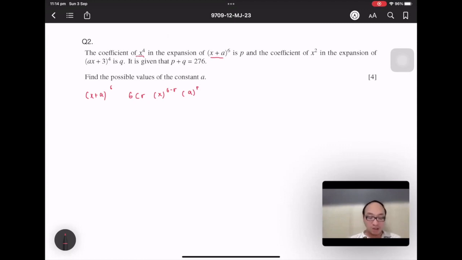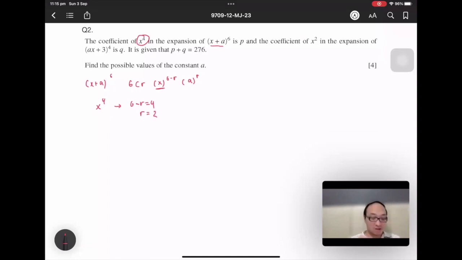So if we see from our general form, to find the coefficient of x^4, x to the power of 4 means 6 minus r equals 4. So r equals 2.